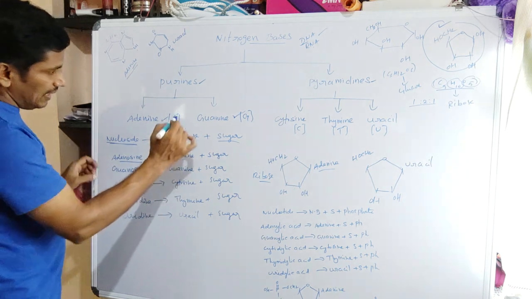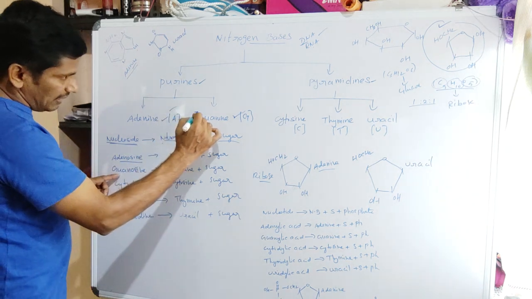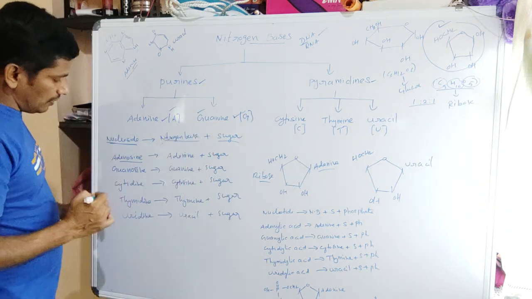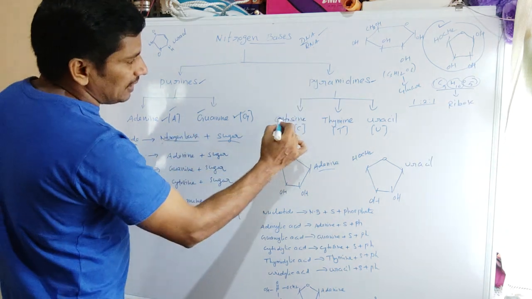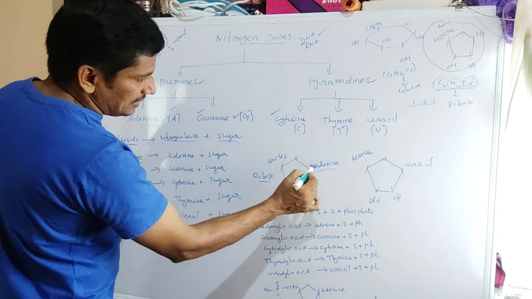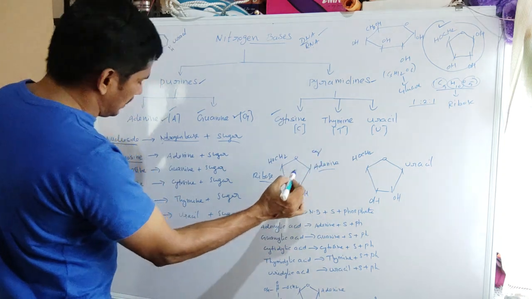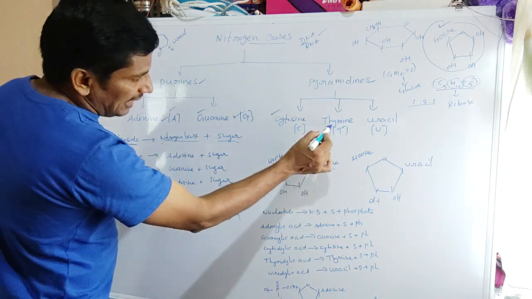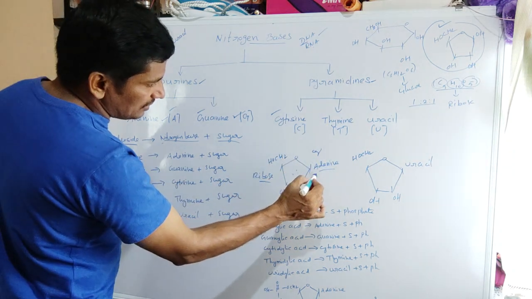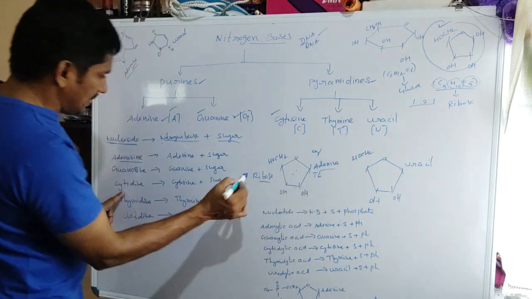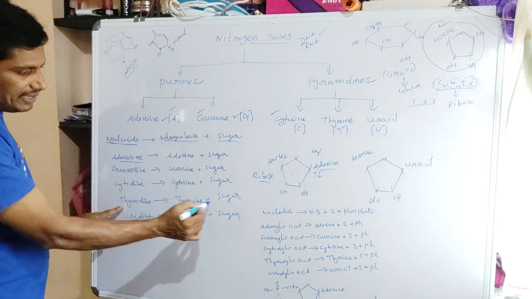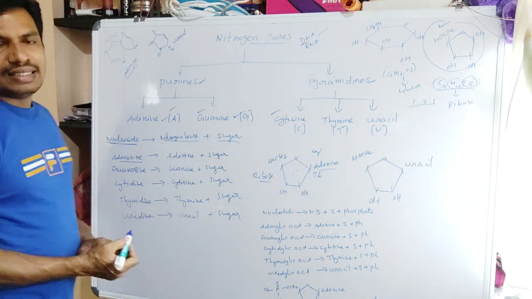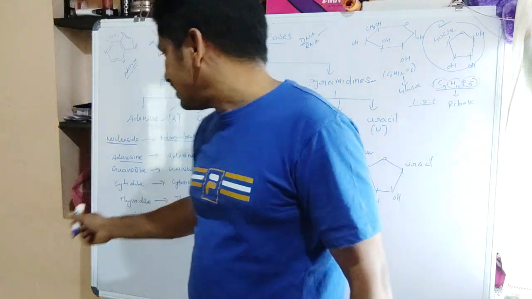In the same way, guanine plus sugar, guanosine. Here is the pyrimidine: cytosine plus sugar is cytidine. Thymine plus sugar molecule is thymidine. And uracil plus sugar, uridine. These are the nucleosides.